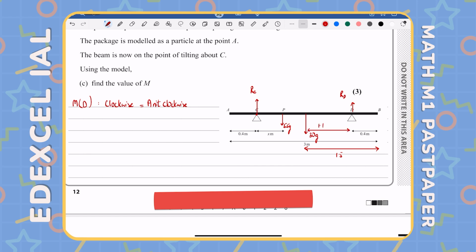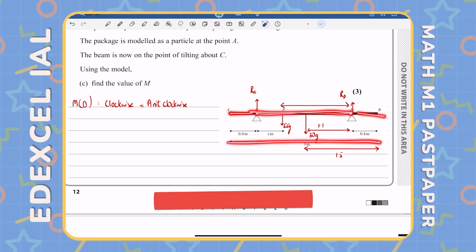And this distance would be 2.2 minus x. Now, why is that? Let me show you. This distance would be 2.2, because this is 3. From 3, we get rid of 0.4 and 0.4, so this is 2.2. This is x right here, so this would be 2.2 minus x.